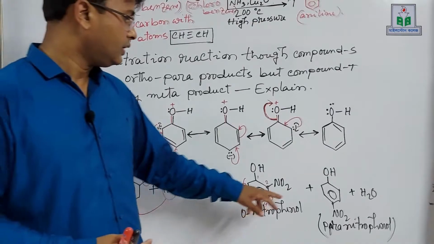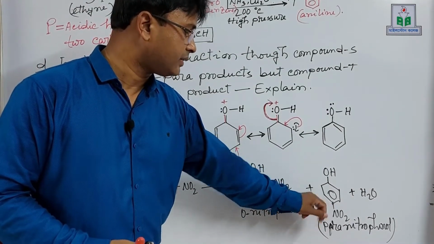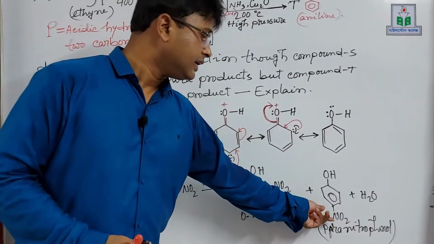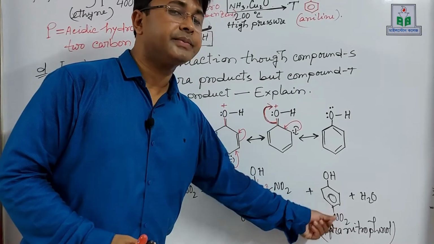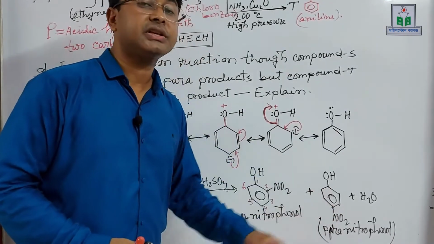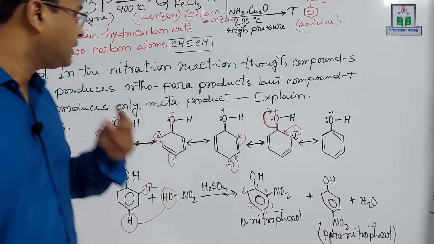And also the electron density of the para position of phenol is increased due to the resonance. That's why the nitro group, the electrophile, attacks the para position of phenol to produce the para product, I mean paranitrophenol.